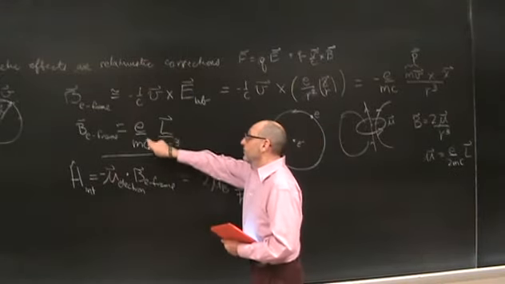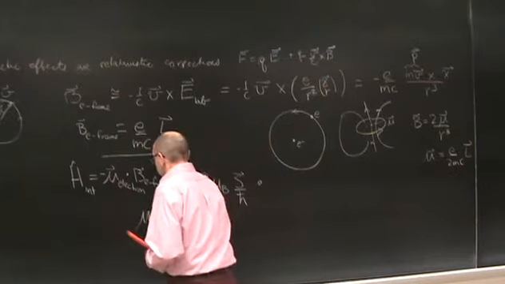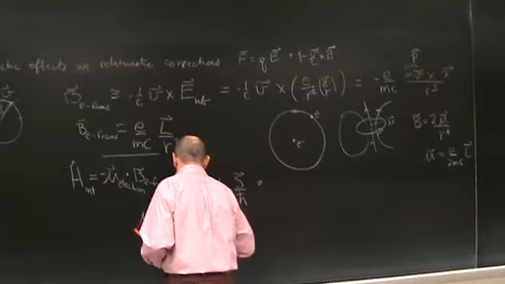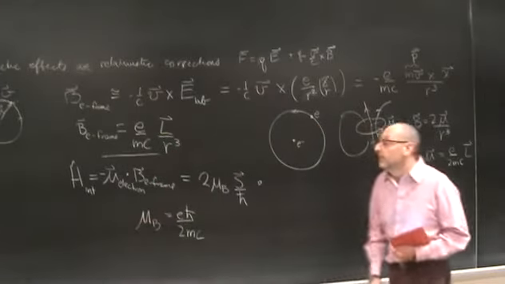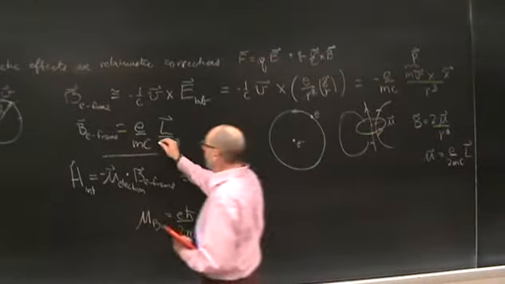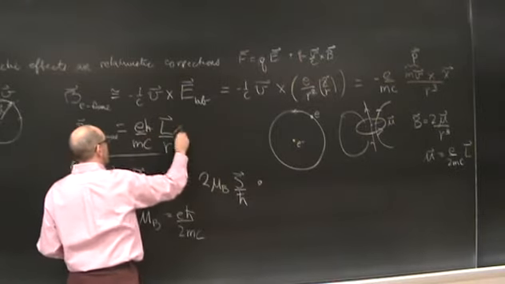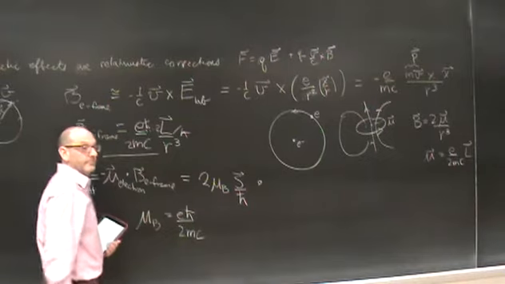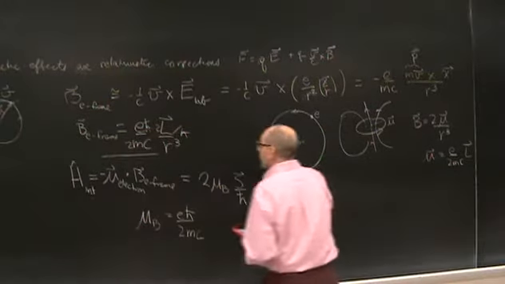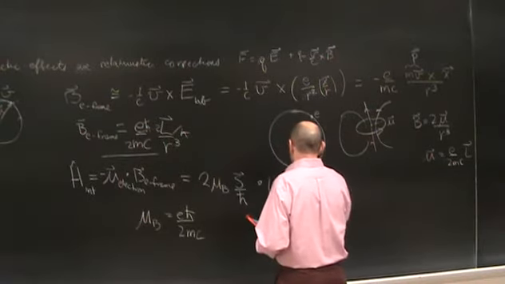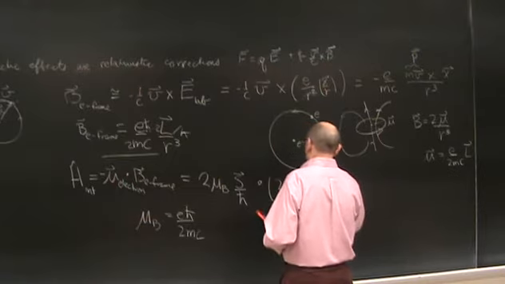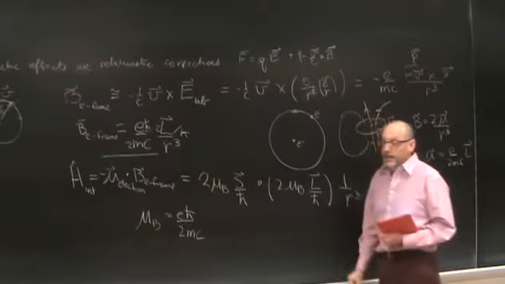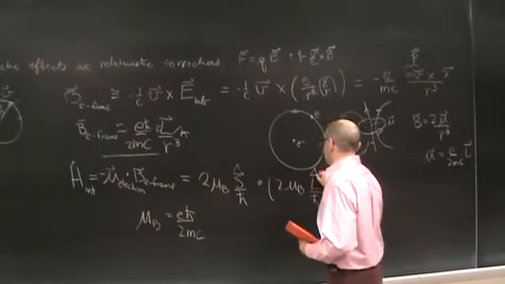And this is equal to, remember the Bohr magneton was e h bar over 2mc. So if I multiply this top and bottom by h bar, and then top and bottom by 2, this is dotted into 2 mu b L over h bar times 1 over r cubed. And all of these are operators.